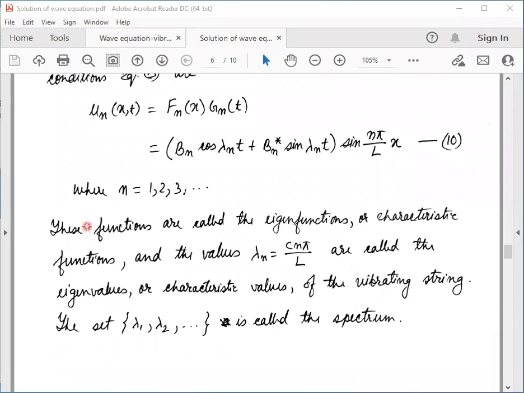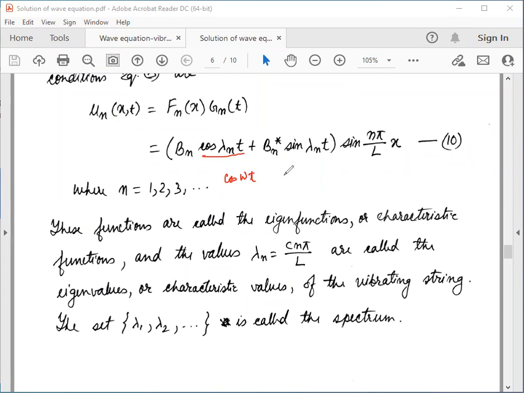Okay, we see that each un represents a harmonic motion. This represents a harmonic motion having a frequency lambda by twice pi. This term is like cos omega t. And what is omega here?